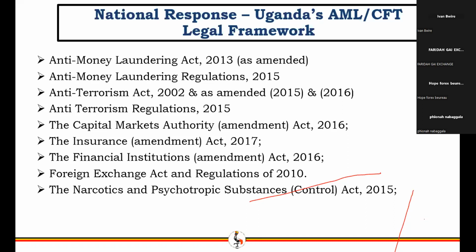So the rest of the acts, as per the sector, just provide an insight on the definitions of the accountable persons as per the Anti-Money Laundering Act. If the act under the second schedule lists any entity that is an accountable person, we base on the definitions of those entities as per the acts that establish them.